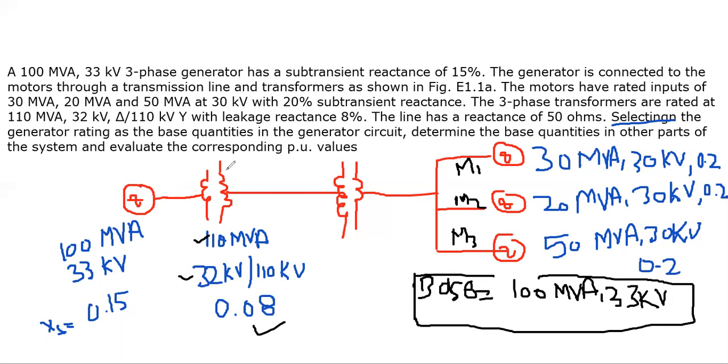Now, please remember this. Why the base quantity will be changing? Suppose we are having the base of 100 MVA and 33 kV. On both sides of a transformer, the MVA remains same. Only the base voltage will change, because whenever there is a transformer, the voltage will either step up or step down depending upon the side of connection.